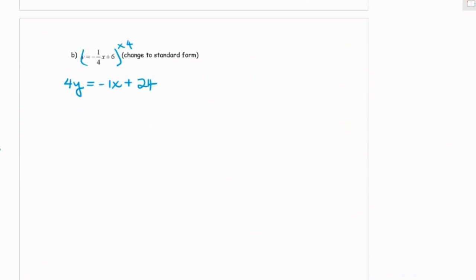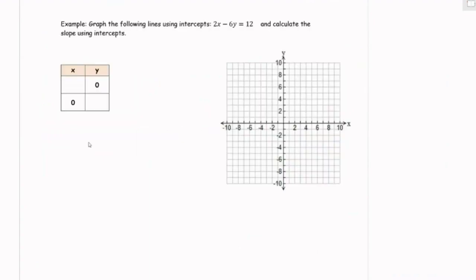Now we could take the 1x over, so we get x plus 4y equals 24. And we can leave it like this, because that's the first way we can write it. Or we can say x plus 4y minus 24 is equal to 0. Both are correct.